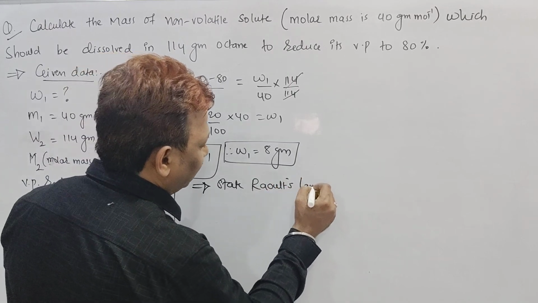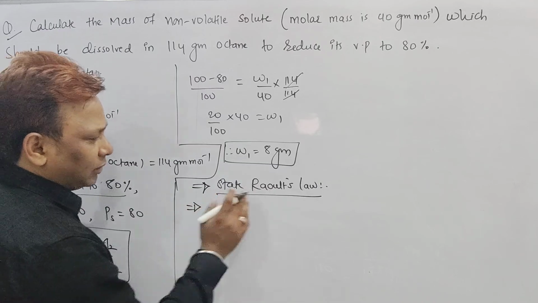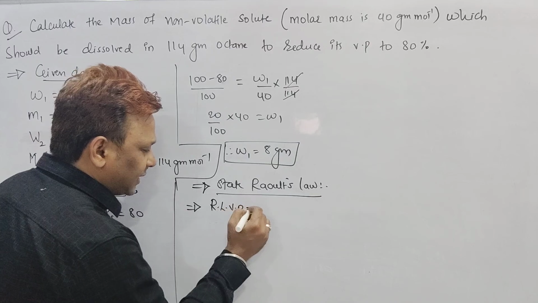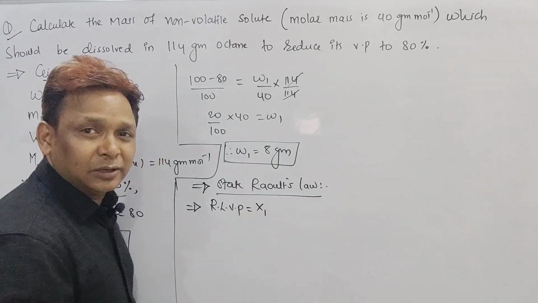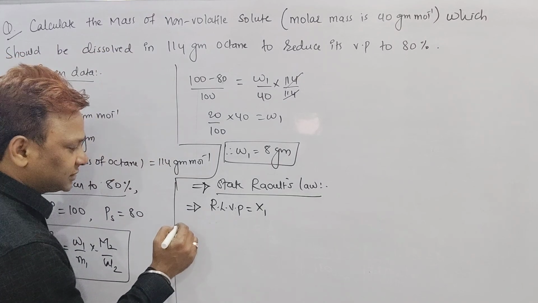Whatever statement they give in the book, don't go that way. Very simple. According to Raoult's law, RLVP is directly proportional to X1. Everybody knows what X1 is: the mole fraction of solute. How to state it?